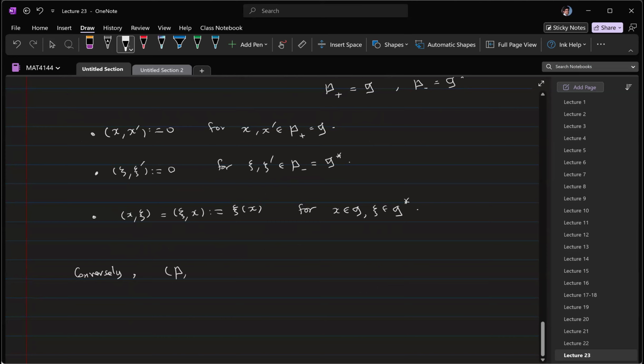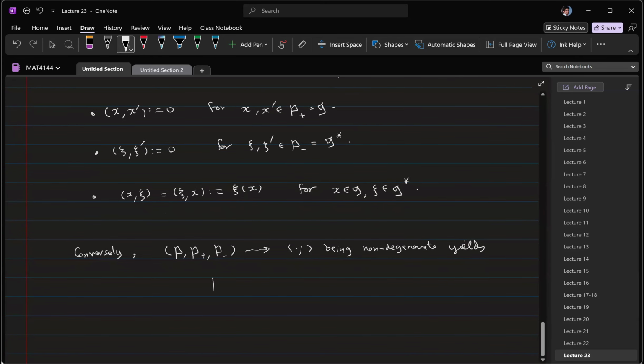And now conversely, starting from P plus, P minus, if I have a Manin triple, as I mentioned, this being non-degenerate yields P minus is isomorphic to the dual of P plus.